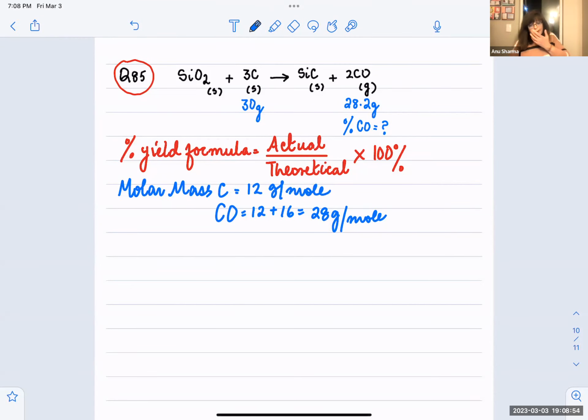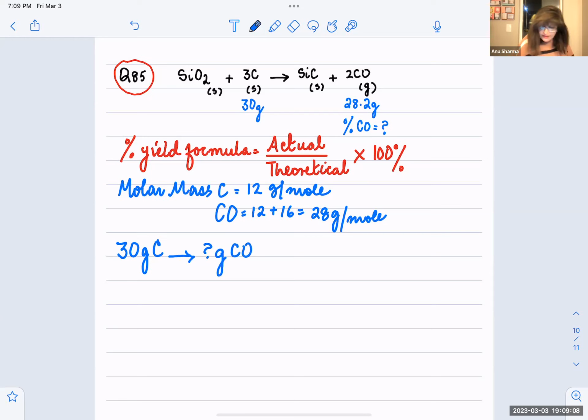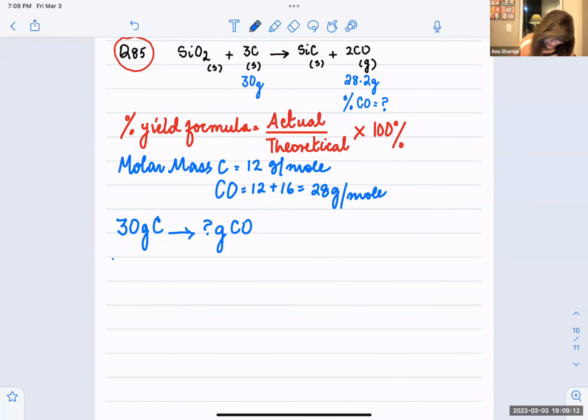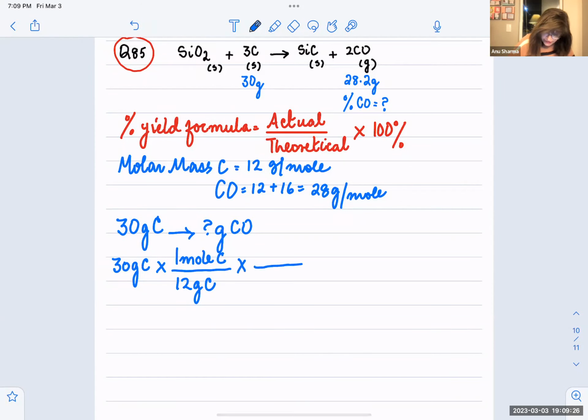So always do those. Next is the grams. So let's see, if you're using 30 grams of carbon, then how many grams of carbon monoxide can you produce? We have 30 grams of carbon times 1 mole of carbon over 12 grams of carbon, times the mole ratio.